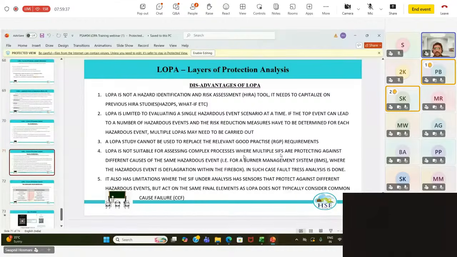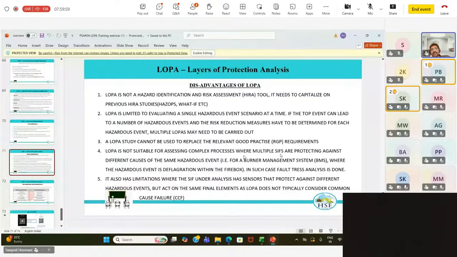For one event, there could be multiple causes, as I told you in the flare example: a spillover and localized vapor cloud explosion, and at the flare, liquid carryover. In such cases it is not possible to use LOPA because there are different causes for the same hazardous event.